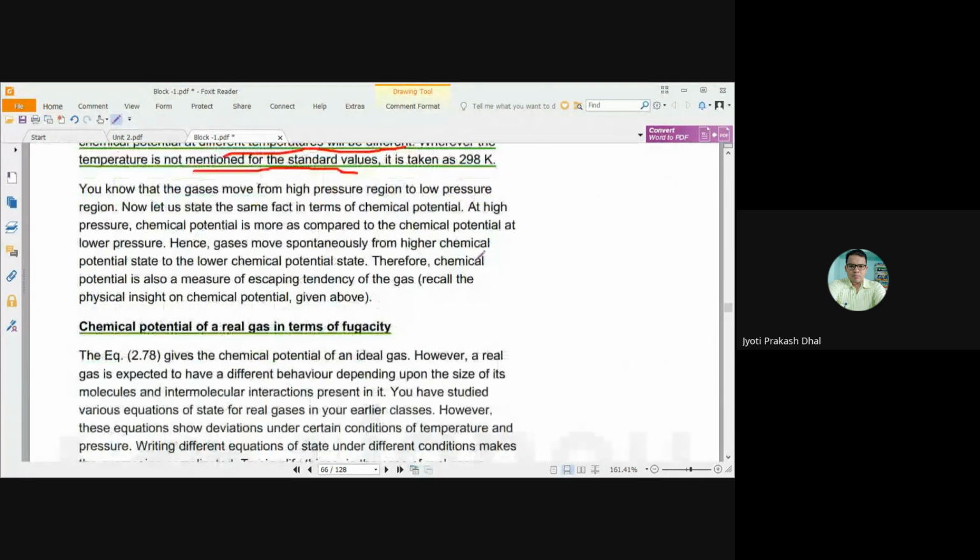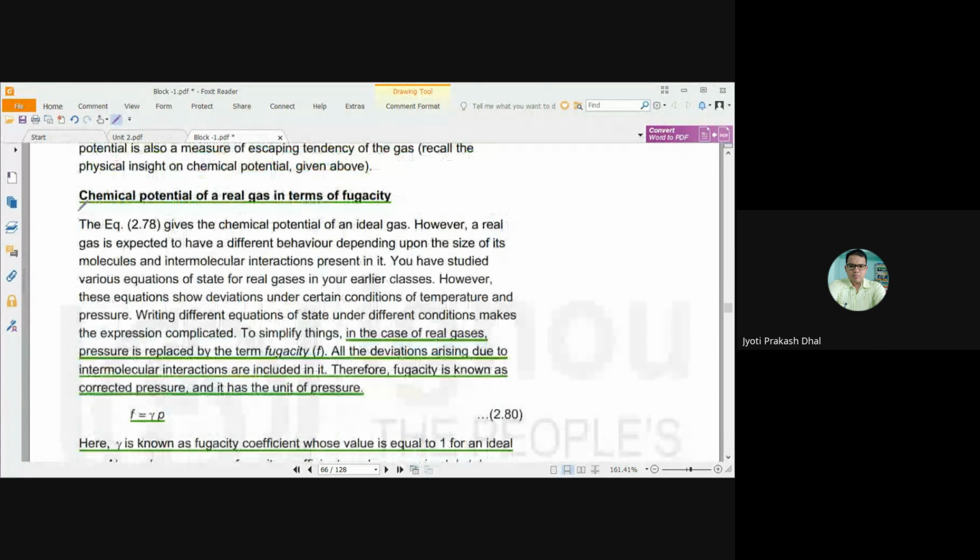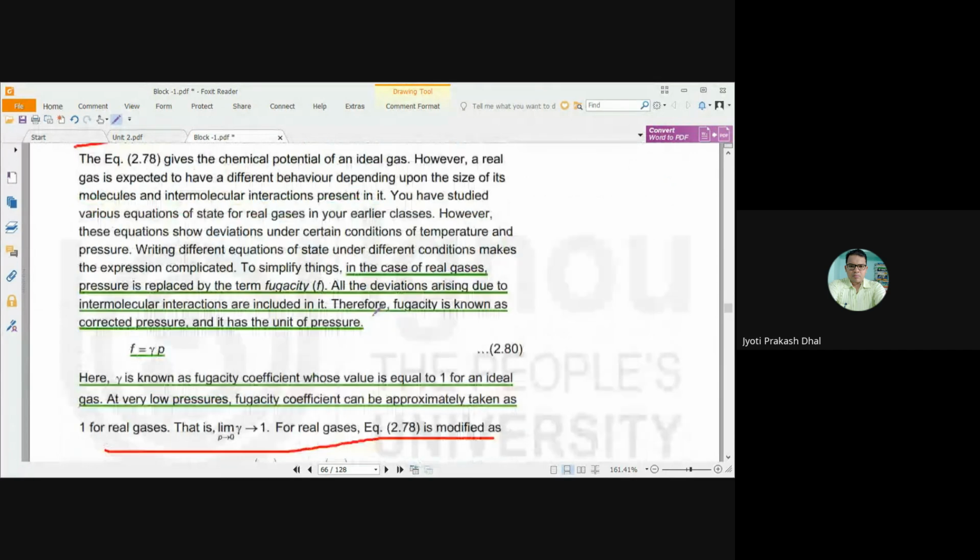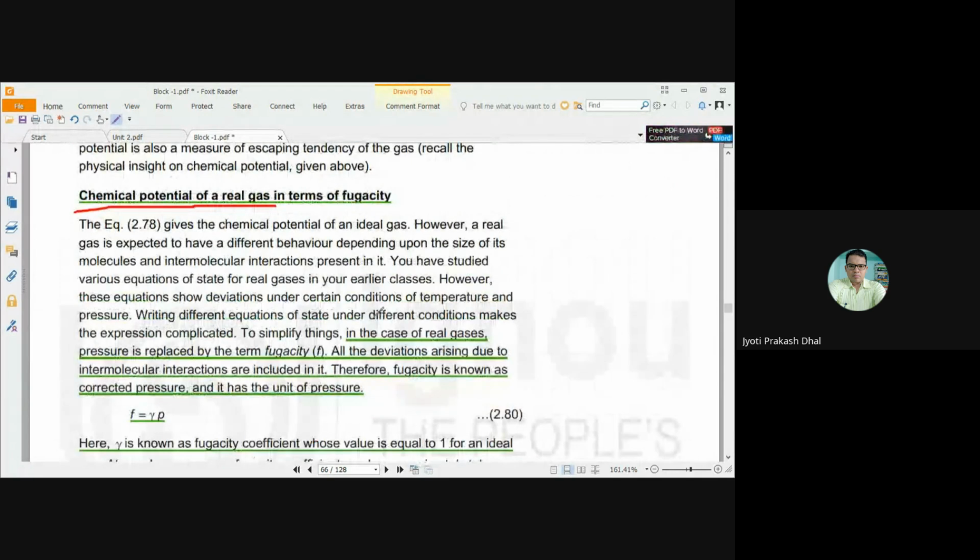Now, chemical potential of a real gas. In the above expression, we have discussed the chemical potential of an ideal gas. But if we want to discuss the chemical potential of a real gas, that is termed as fugacity.